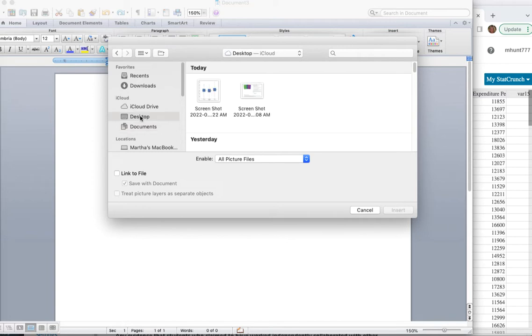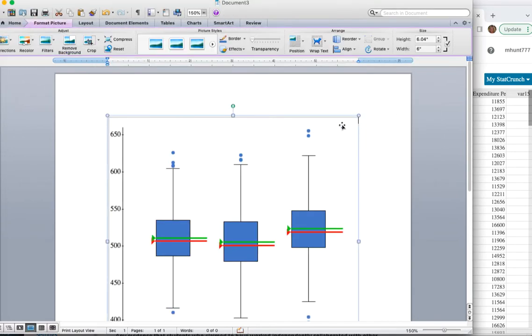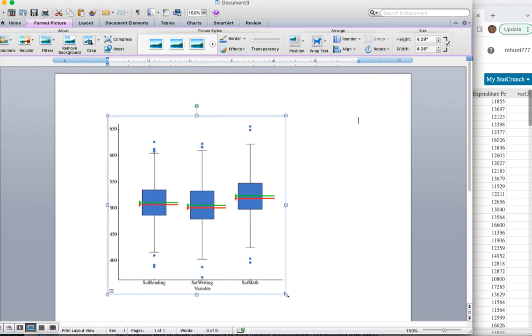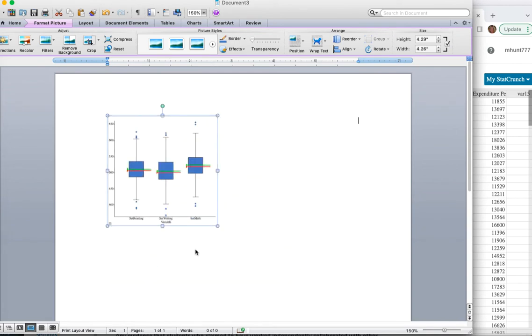It's on my desktop, and there it is, and I'm going to insert it. And I can certainly resize it. Here we go, it's all nice and small now.